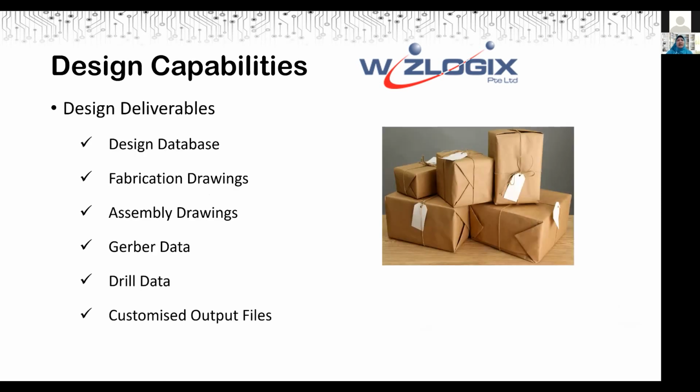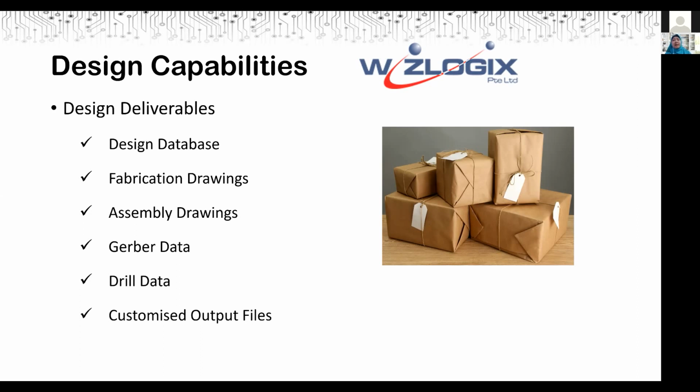So once the design is complete and we have completed the design layout as well as the Gerber checking, these are the deliverables that we will provide upon project completion. The design database involves your source file, your schematic file, as well as your layout design file. Fabrication drawings, those are information and instruction for fabrication or manufacturing. Assembly drawing includes instruction and information on the assembly process.